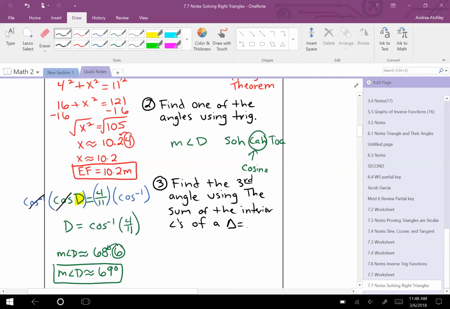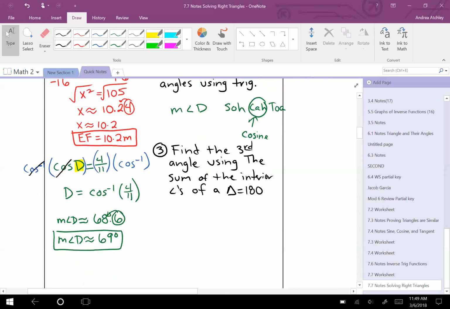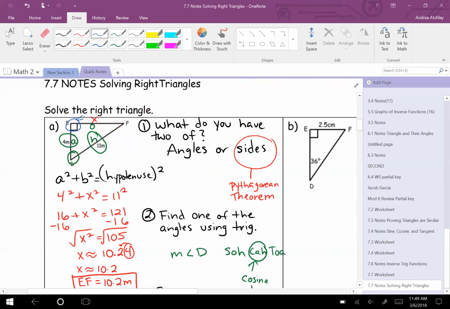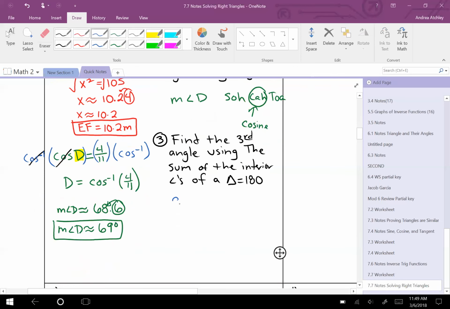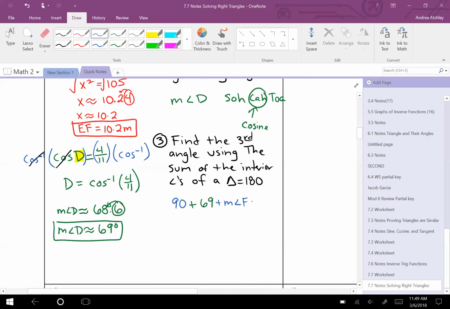Equals 180. So I have a right angle. What does the right angle equal? 90 degrees, okay? So I have 90 degrees plus 69 plus the measure of angle F should equal 180.